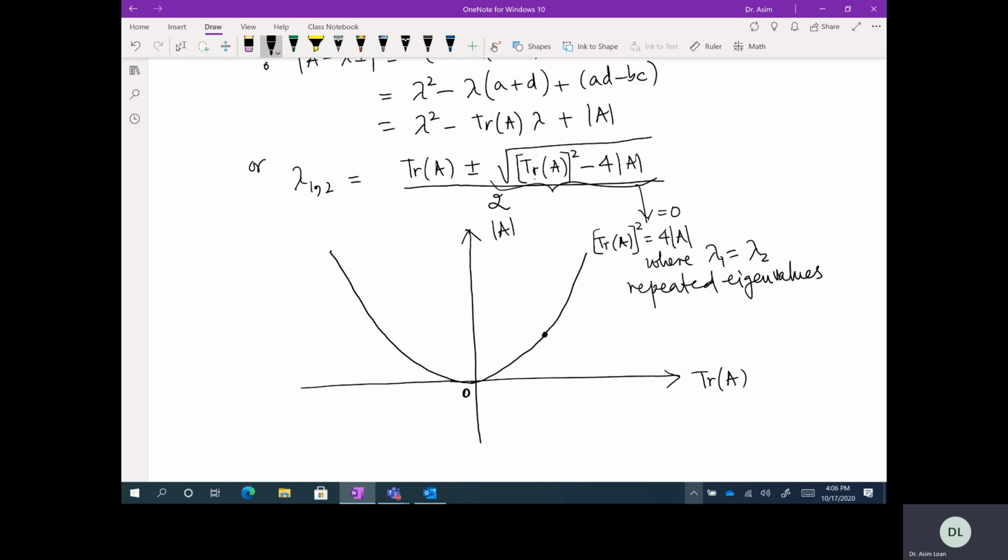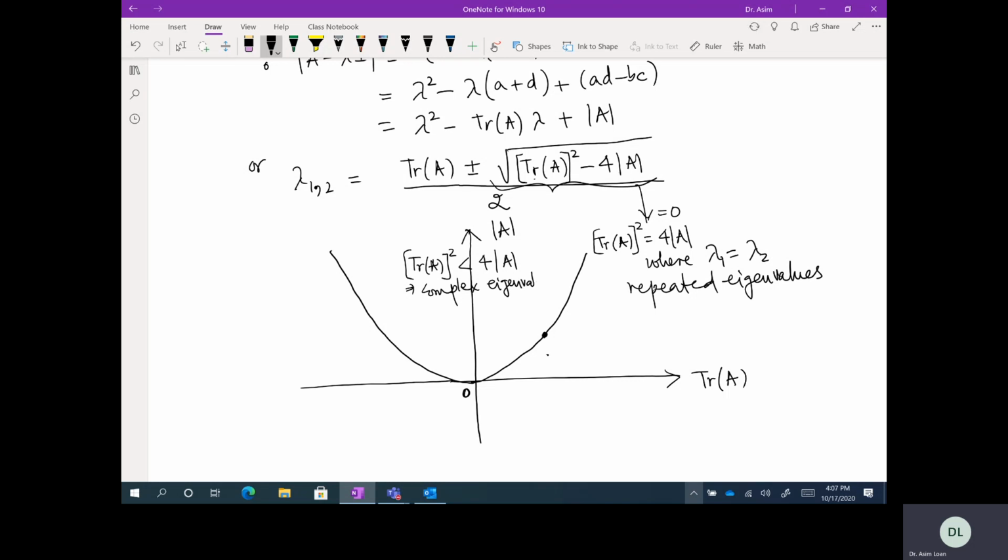On this curve, trace squared is equal to 4 times the determinant. Here, in this portion, the discriminant is negative. So trace of A squared is less than 4 times determinant of A in this portion, which implies complex eigenvalues.